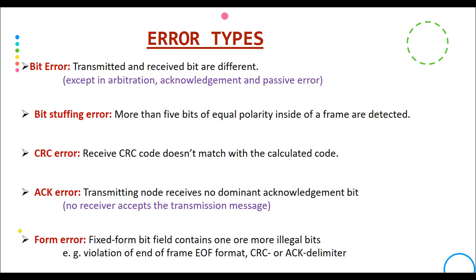Form error is when a fixed form bit field contains one or more illegal bits. For example, a violation in the end of frame format, CRC format, or acknowledgement delimiter formats. If a single bit error also occurs in these fields, it will be called a form error.